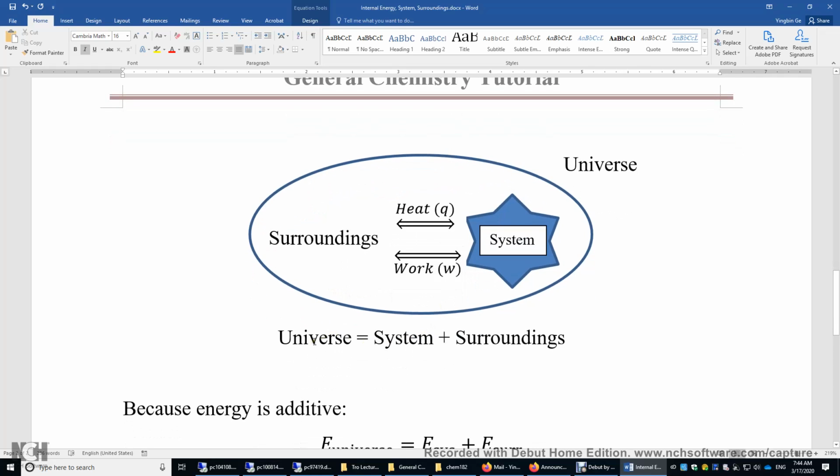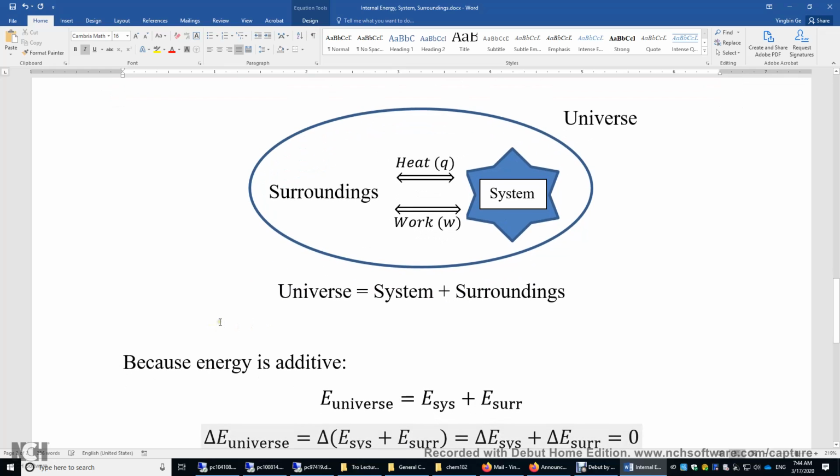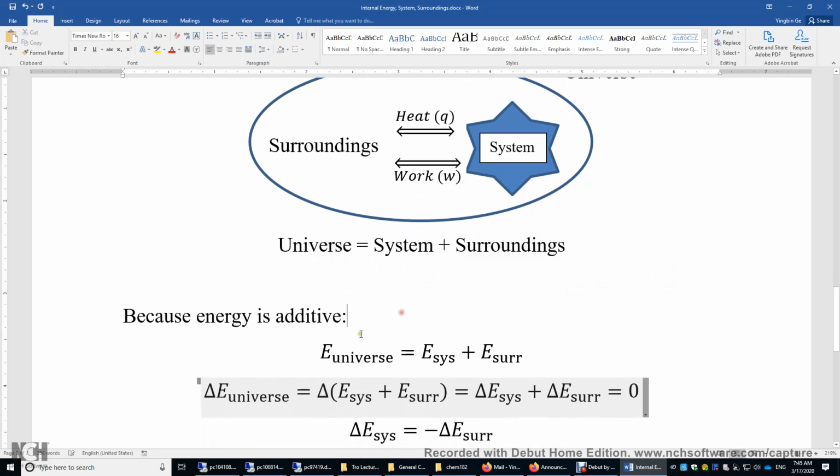Remember, the universe is equal to the system plus its surroundings. And because energy is additive, that means the energy of this universe is equal to the energy of the system plus the energy of the surroundings. We can have this equation.